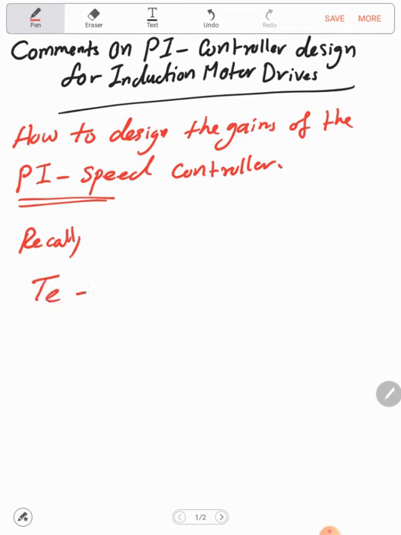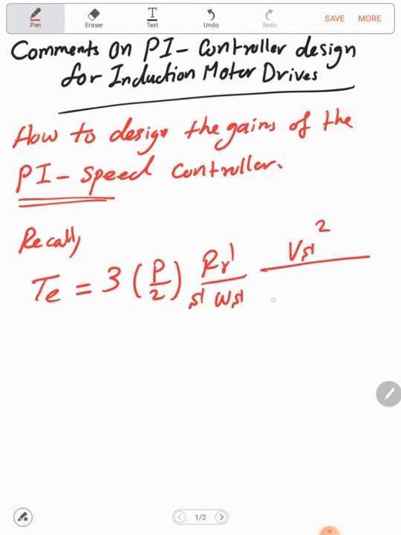Te was equal to 3P over 2 times Rr' over s times omega s times Vs square over (Rs plus Rr' over s) all square plus (X_Ls plus X_Lr') all square.